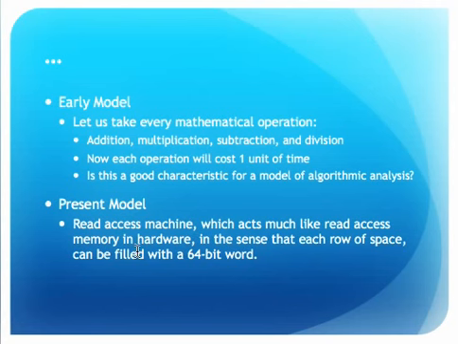The present model is the random access machine, RAM for short, but it's not quite RAM like random access memory, which is in a computer, but it's almost directly modeled as such. Why? Because we think that's a good representation of how our algorithm should perform.